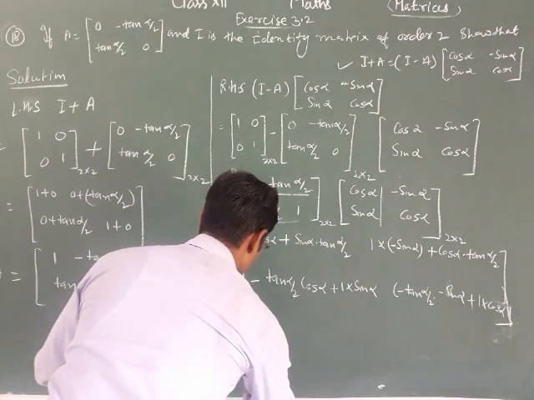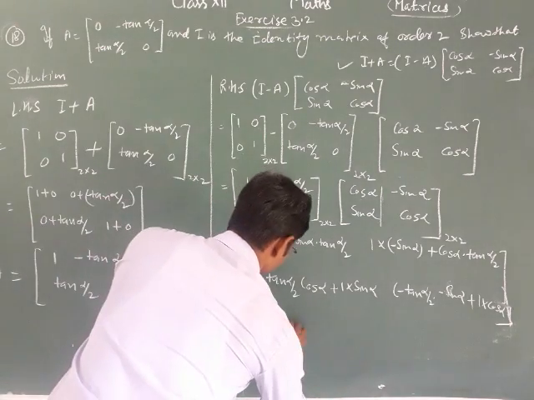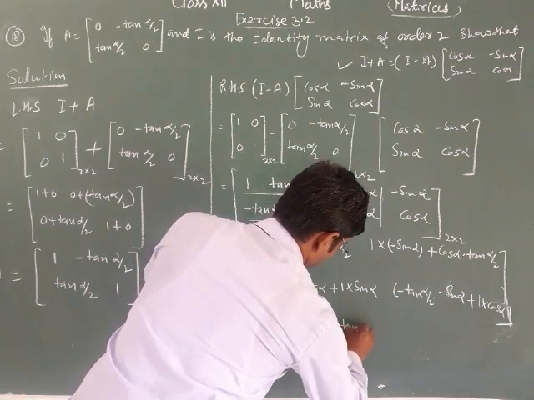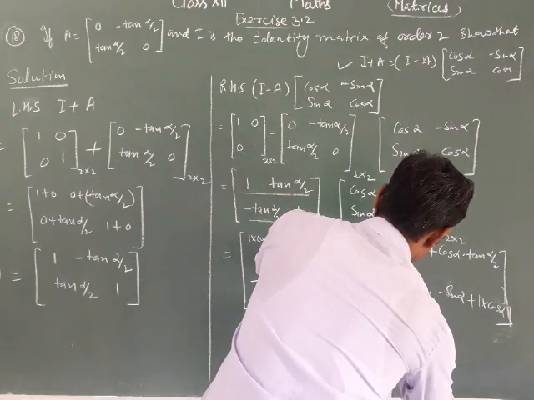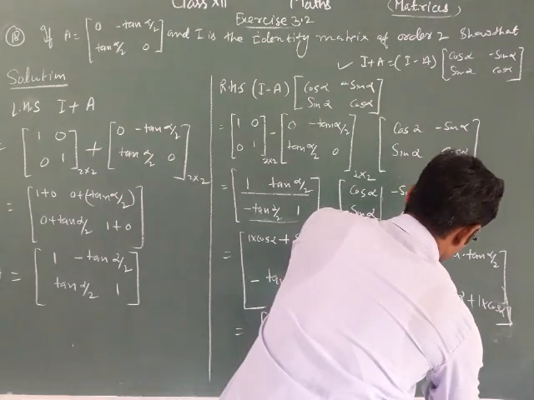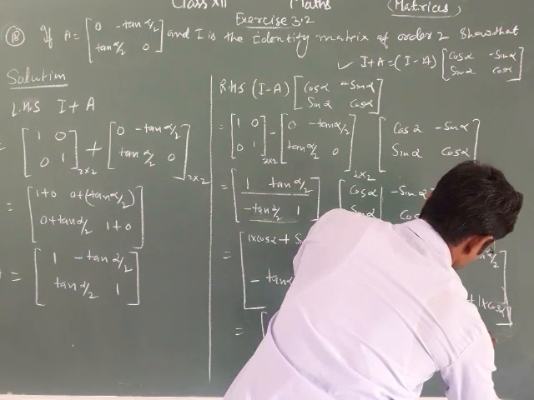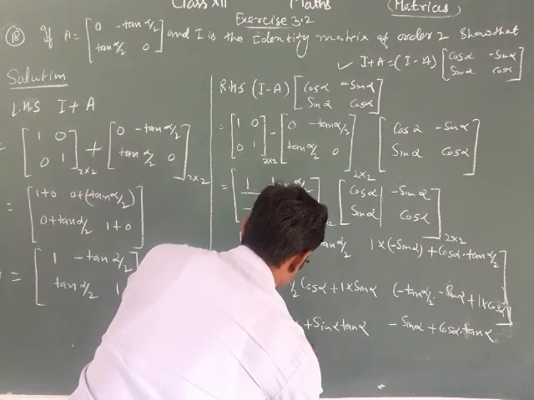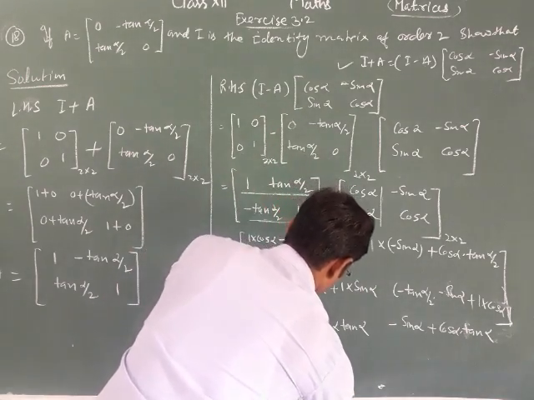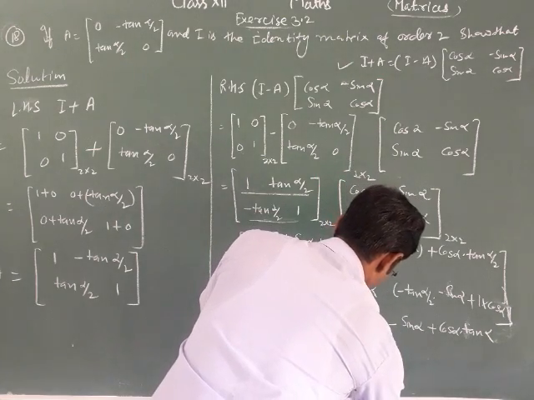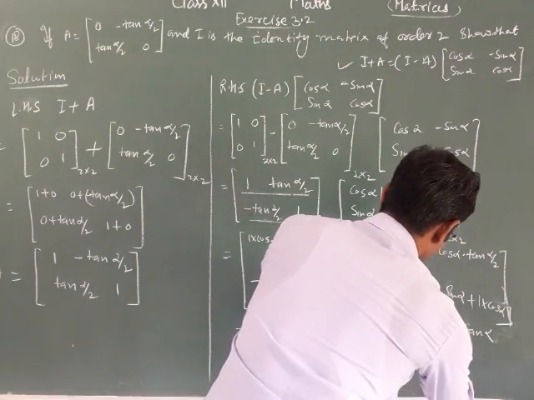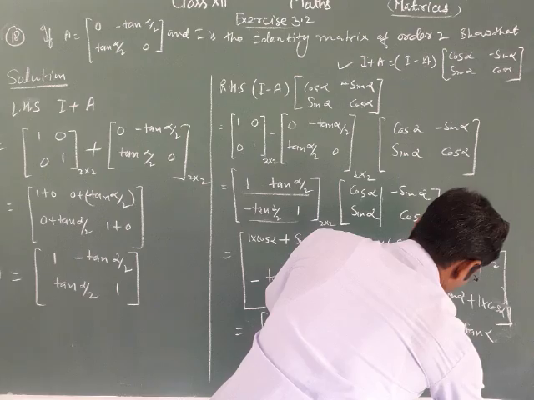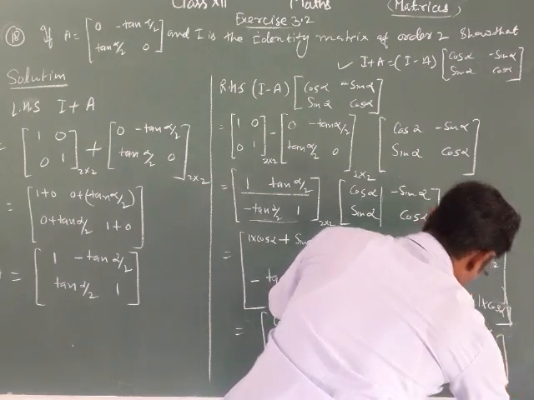So now again we can write cos alpha plus sin alpha tan alpha by 2, and also minus sin alpha plus cos alpha into tan alpha by 2, and minus tan alpha by 2 cos alpha plus sin alpha, and also tan alpha by 2 sin alpha plus cos alpha.